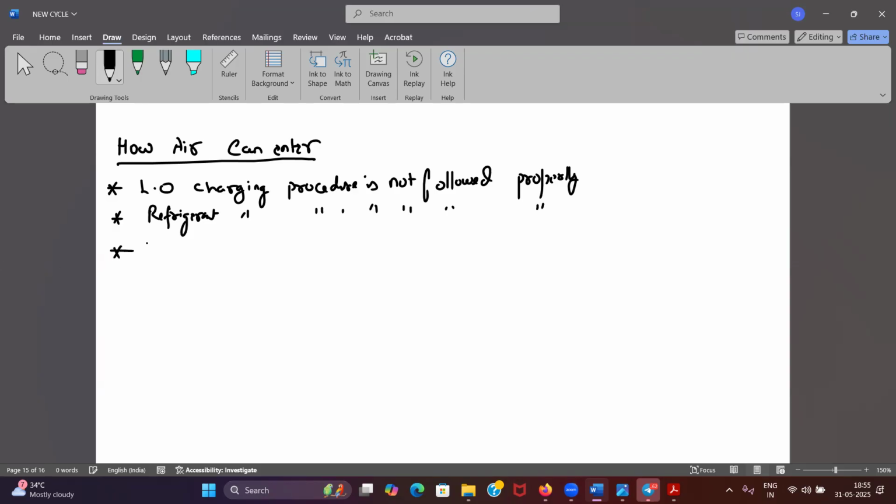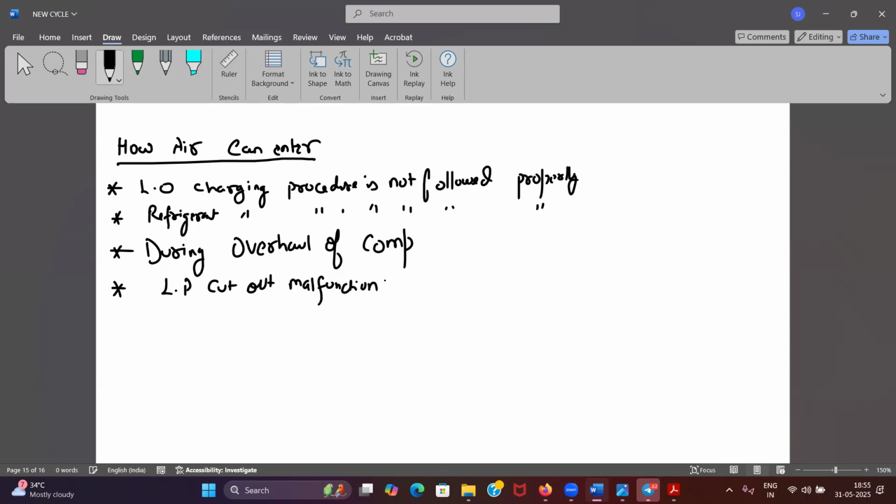During maintenance or overhauling of the compressor, or LP cutout malfunctioning, that means the compressor is running under vacuum, right? So under all these conditions, air can enter into the system, right?